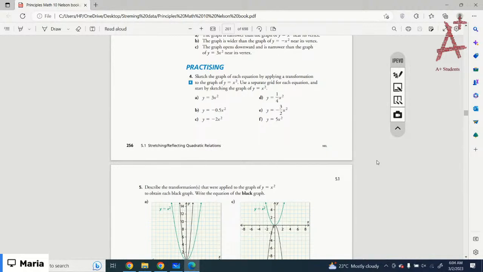Use a separate grid for each question and start by sketching the graph y equals x squared. You have to sketch the graph for all the transformations given.